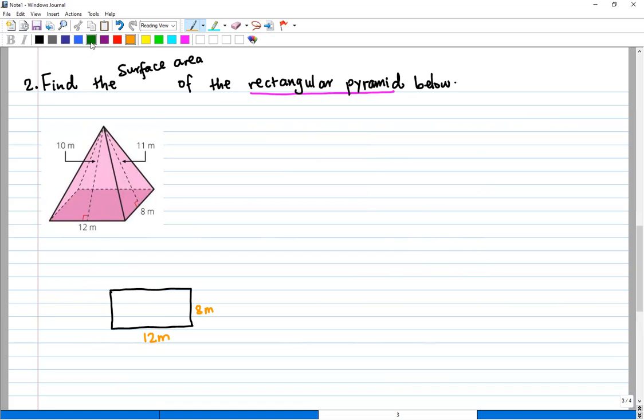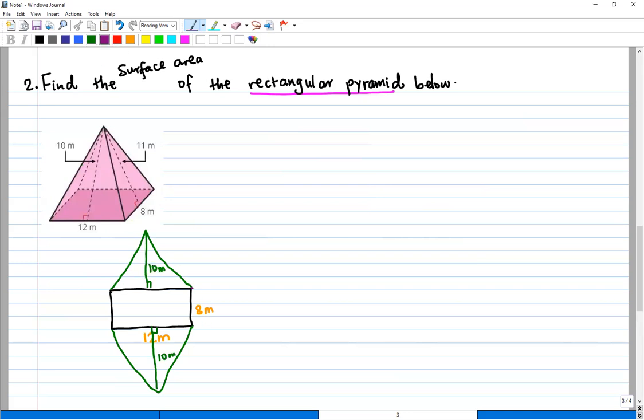Okay, now let's have the triangles. We have this one here, and this one here. This is equal to this one. And the slant height on this side is 10 meters, and here we have 10 meters.